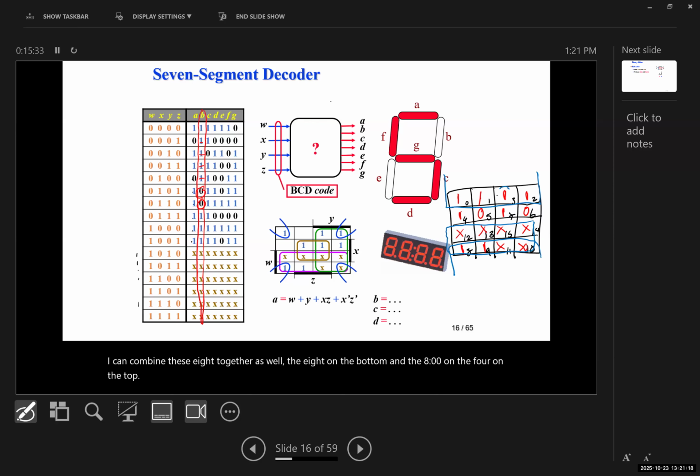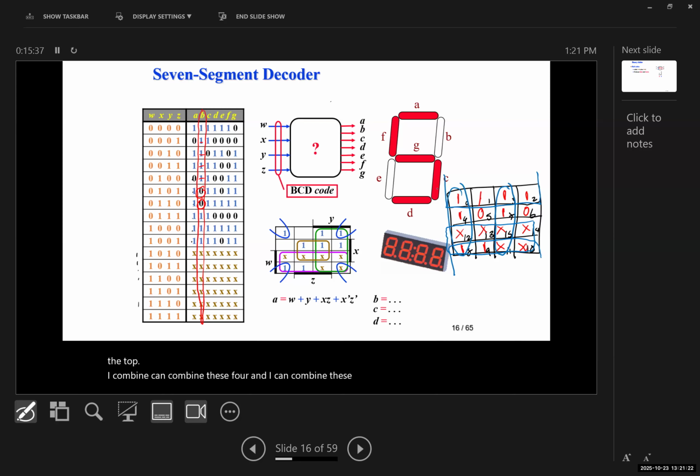I can combine these 4, and I can combine these 4. So if I want to combine the 8 in the bottom, by the way, this is W, Z, X, and Y. So if I want to combine the 8 at the bottom, it's going to be equal to W. So F would be equal to W.